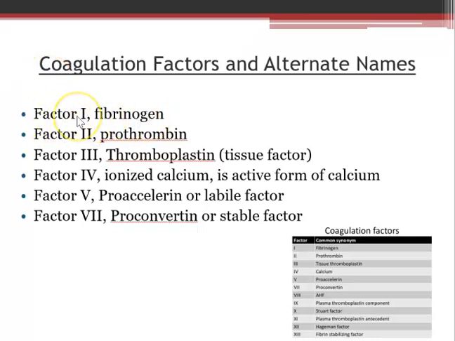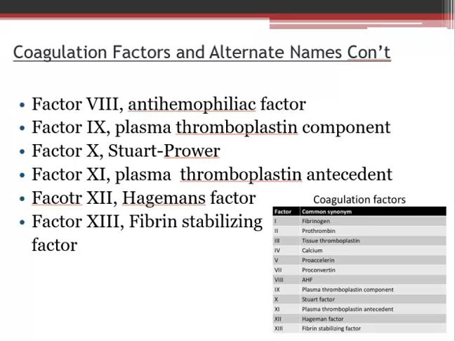Fibrinogen is factor 1, prothrombin is factor 2, thromboplastin is also referred to as tissue factor, and that's factor 3. So those are some of the ones that you'll hear more often. Here's the last half of the coagulation factors with their alternate names. You won't hear their alternate names as often, but one of the factors that you'll hear the most about is factor 8.